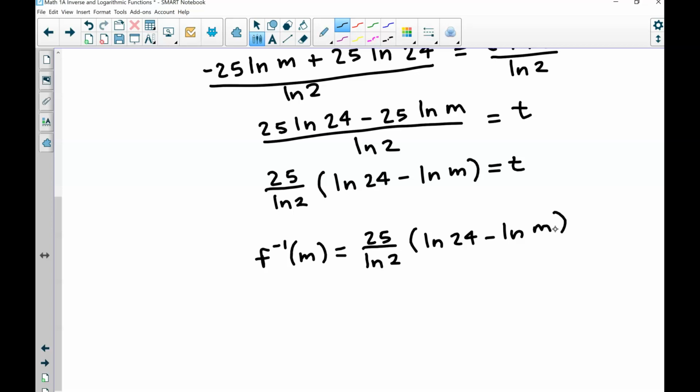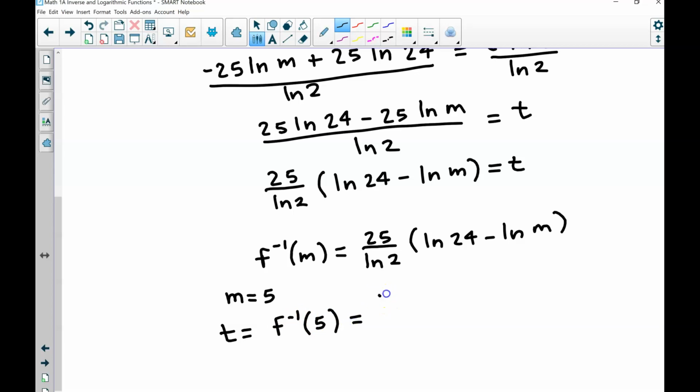So in particular, the time required for the mass to be reduced to 5 milligrams would be the following. So if we wanted to find when the mass was 5 in that previous example, t would represent the inverse, where m is 5.